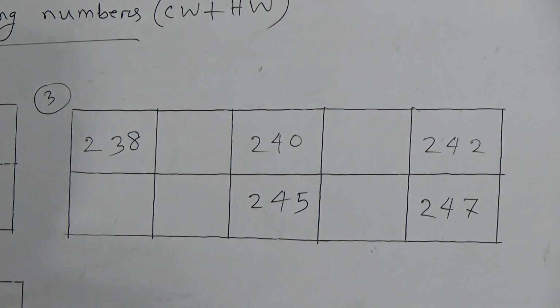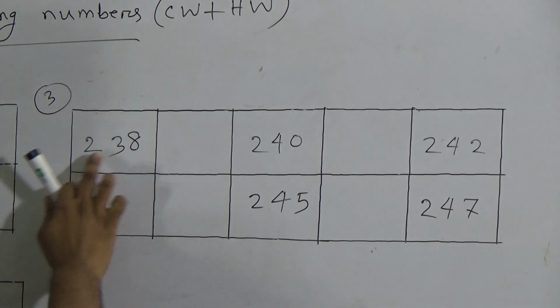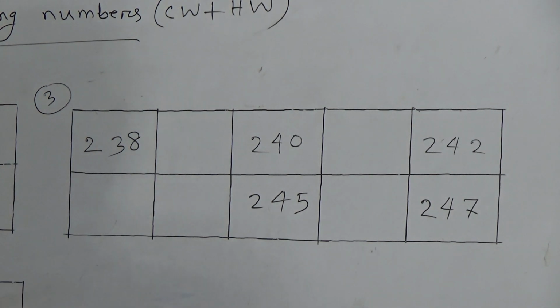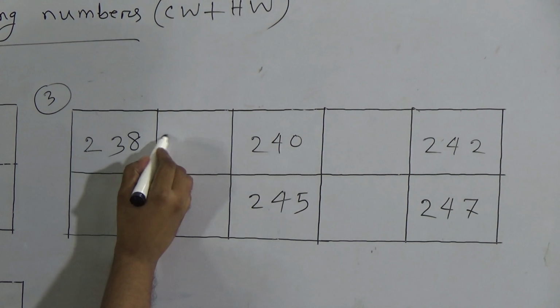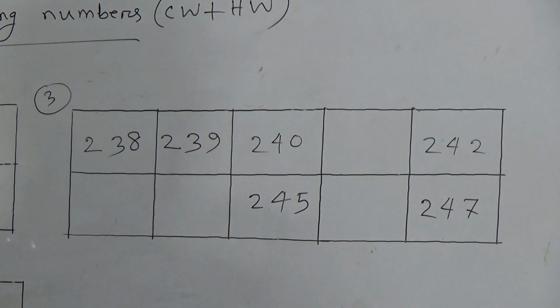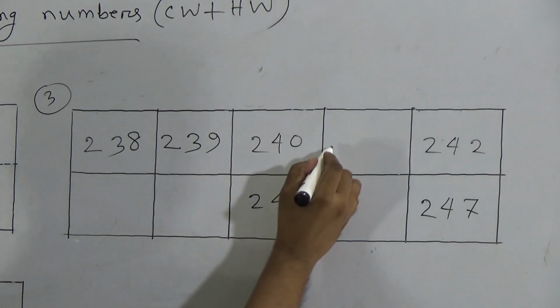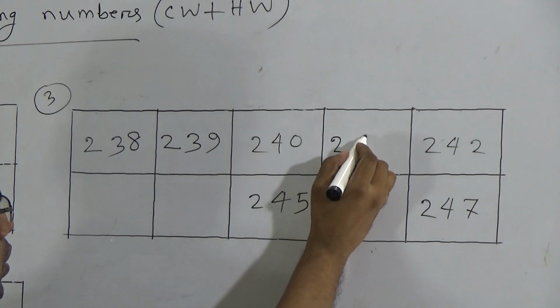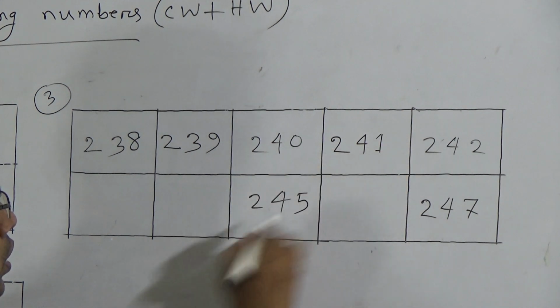First one is 238. That means 238. After 238, we'll write here 239. That means 239. Then 240, then it will be 241. That means 241.